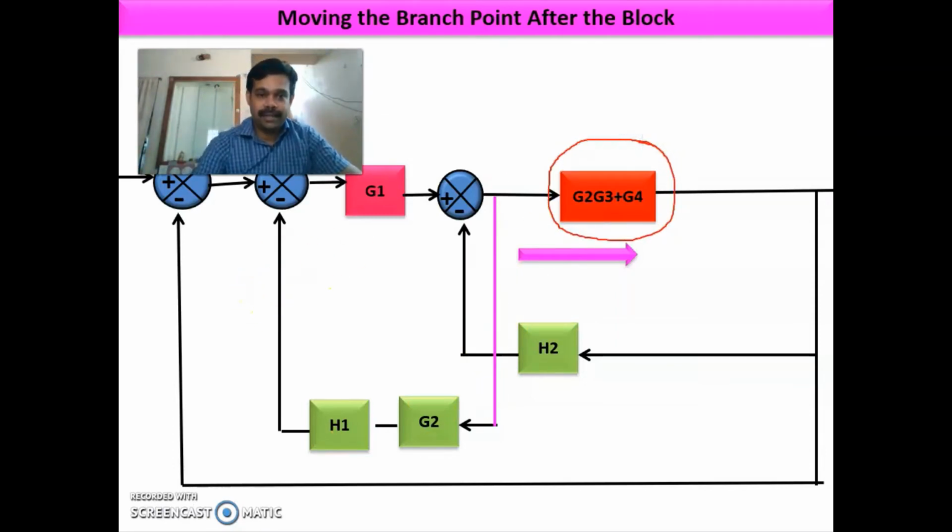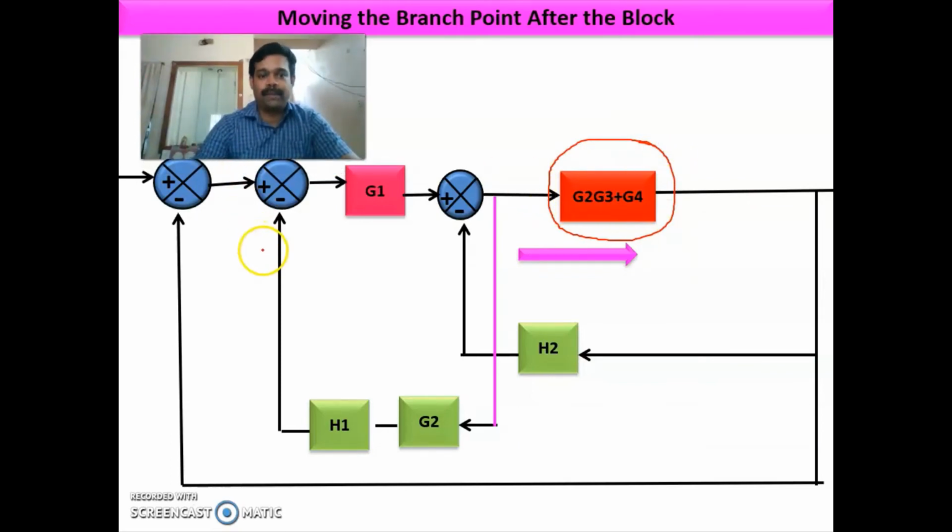Next step is we are moving the branch point after the block. After the elimination of parallel blocks, you check the figure whether it is possible to apply any rule.